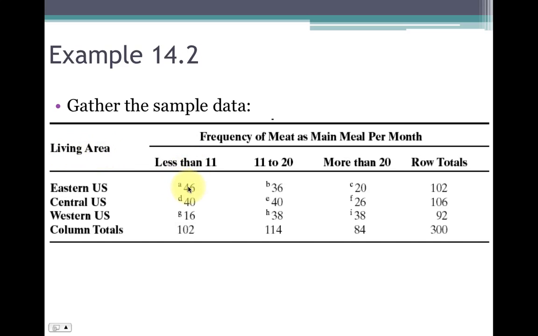So the data has 3 rows, Eastern, Central, and Western, and we're going to disregard the column totals when we use our calculator. And we have 3 columns, less than 11, 11 to 20, and more than 20, and then disregard the row totals column.